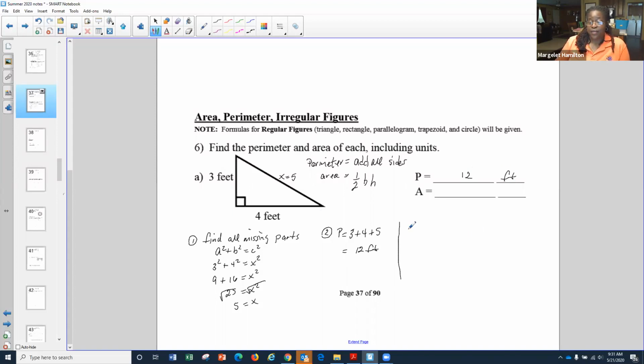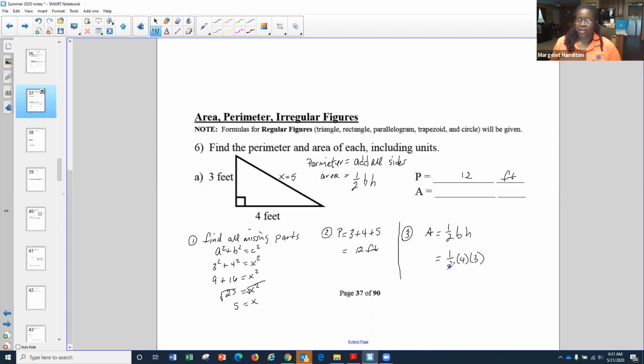Now let's find the area, third part. So area equals 1/2 base times height. Remember what we said the base and the height was, so 1/2. Our base is 4. Our height here is 3. Now you can put this all in your calculator, but we really don't even need that here. If that fraction is freaking you out, go ahead and simplify it right here.